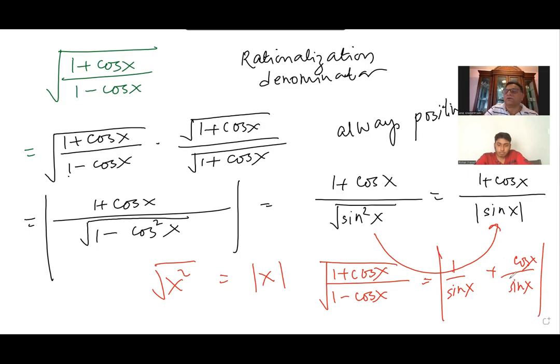All positive, right? Absolute value. The answer has to be positive. So 1 over sin x is cosecant x, and cos x over sin x is cotangent x. We could write this as absolute value of cosecant x plus absolute value of cot x. Okay, sir.